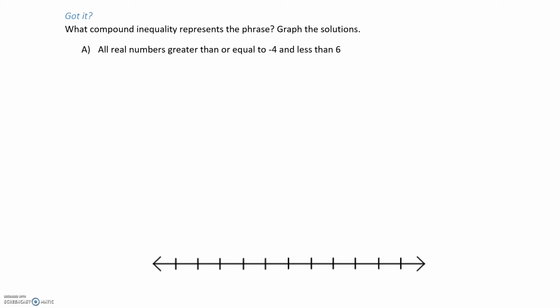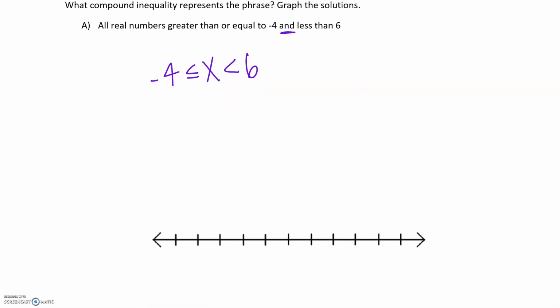Okay, so we want to write the inequality from the phrase. So all real numbers greater than or equal to -4 and less than 6. So we've got -4 is less than or equal to x, so we're putting it inside, and then x is less than 6. Okay, so notice we have "or equal to" on our first one and just less than on our second one.